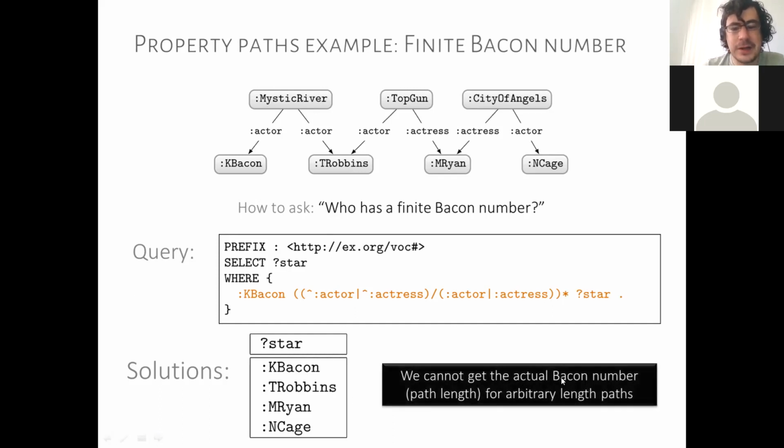Note that we cannot get the actual Bacon number. We can't get the distance in SPARQL. We could for a finite length. So we could check paths of length 2 or length 3 or length 4 simply using joins, but we wouldn't be able to do this for an arbitrary length path.